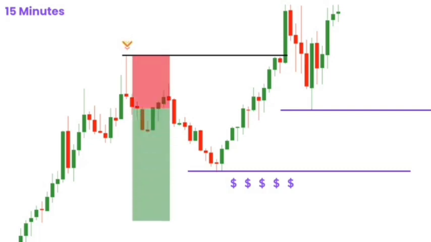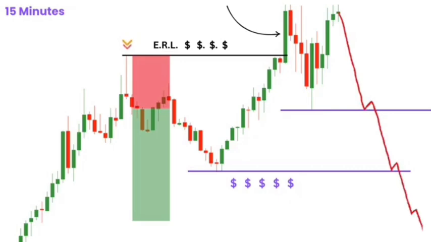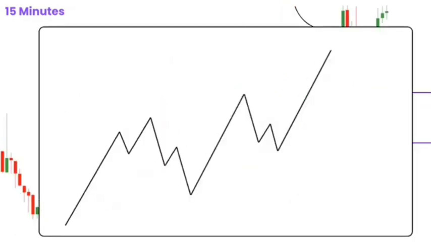In fact, the market has already targeted this external liquidity by triggering the stop losses of those sellers. So, can we assume that after sweeping this liquidity, the price will reverse and move downward? The answer is no. We should not have that expectation because the overall market structure is still bullish. In a bullish market, when the price targets the liquidity above a higher high, there's a greater chance of a liquidity run rather than a liquidity sweep.